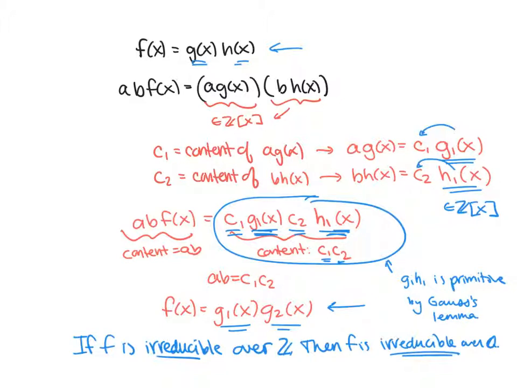So this is good news. This means when we have a polynomial with integer coefficients and we want to know if we can factor it over Q, we only need to check if we can factor it over Z, over the integers. We don't have to worry about fractions in our coefficients.